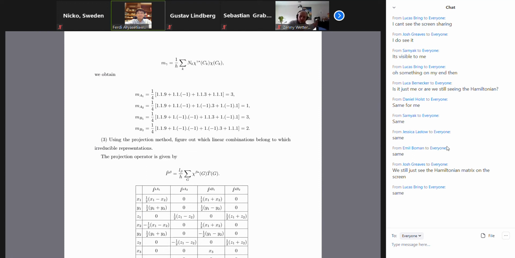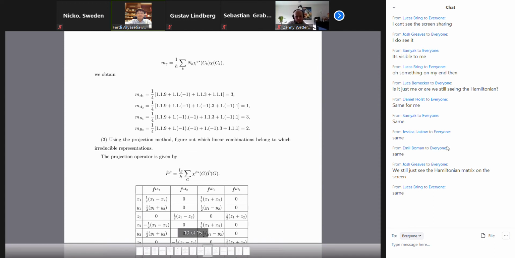If we do this, we find for the representation A1, we get 3, for A2 we get 1, for B1 we get 3, and for B2 we get 2. All of these are one-dimensional representations. We check the number, which should sum up to 9. So 3, 1, 3, 2, that's 9. So that's fine.